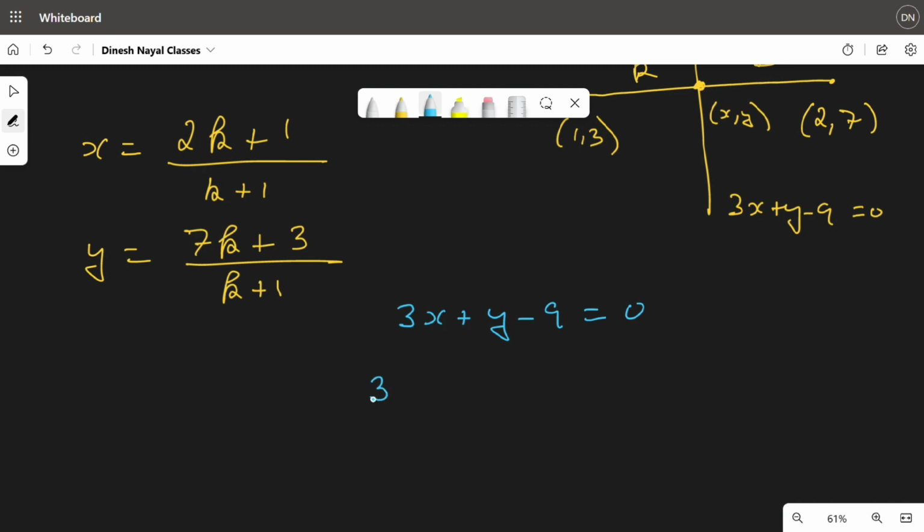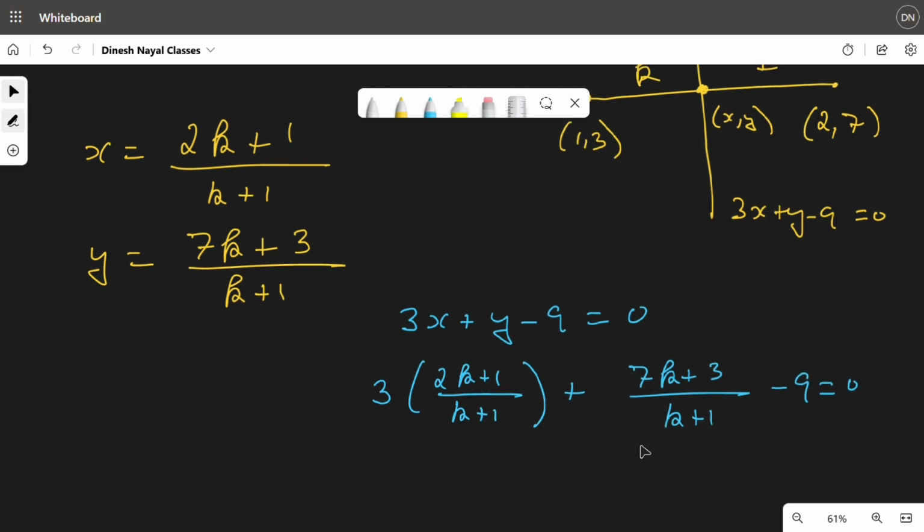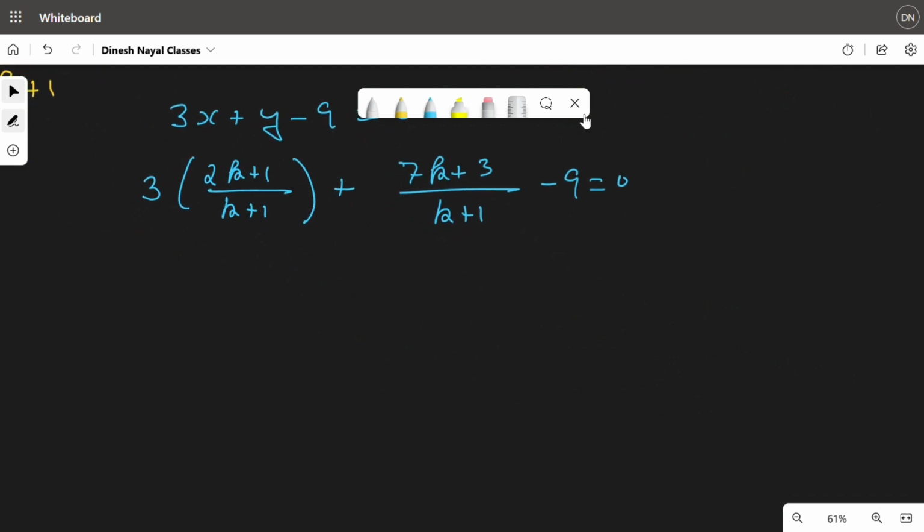This will be 3 times the value of x, (2k plus 1) upon (k plus 1), plus y, (7k plus 3) upon (k plus 1), minus 9 equals 0. Now basically we have to solve this equation.